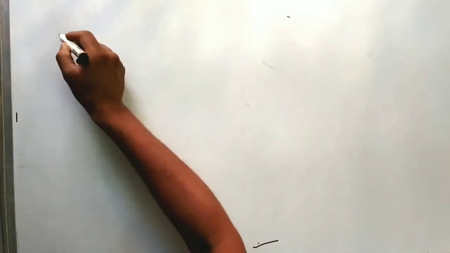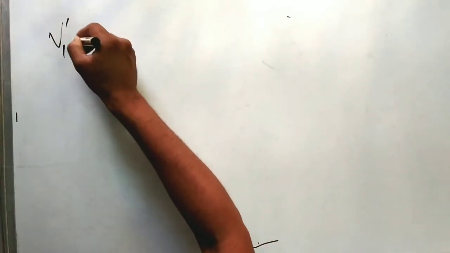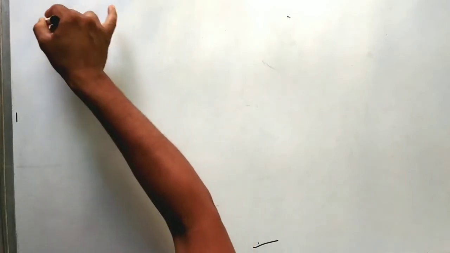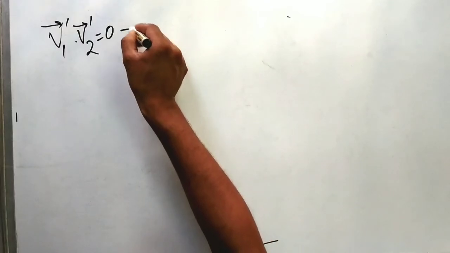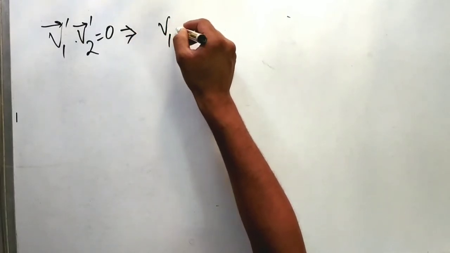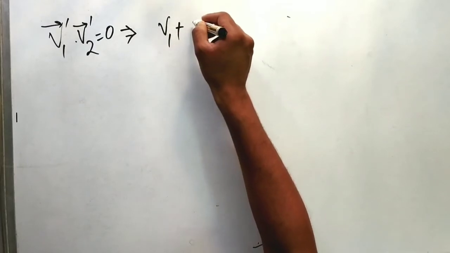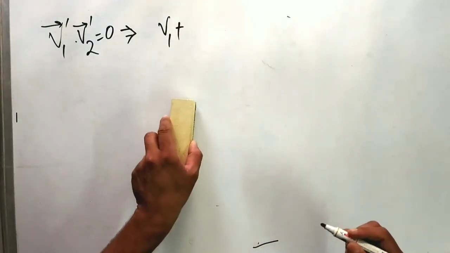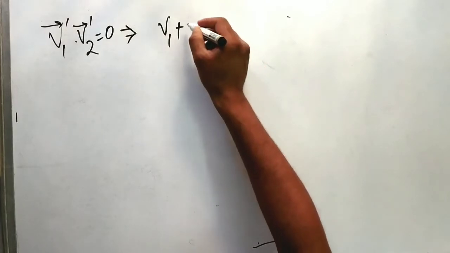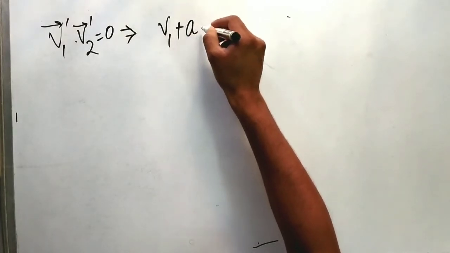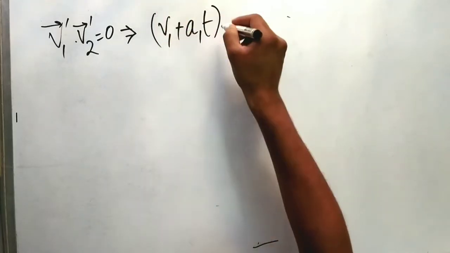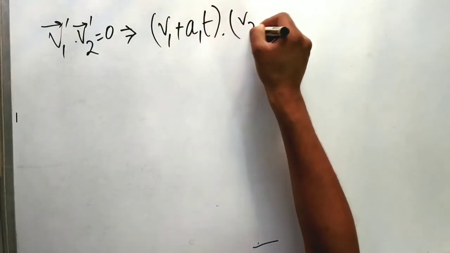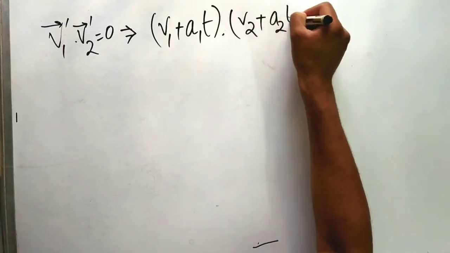So first thing, v1 dash dot v2 dash in vector form. The dot product of it is 0. This implies that (v1 plus a1t) dot (v2 plus a2t) equals 0.